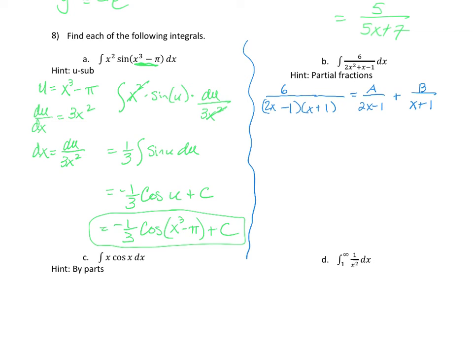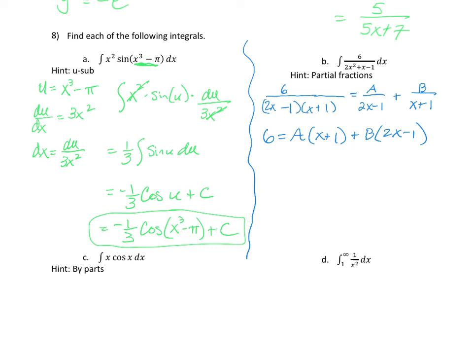And to figure out what A and B are, you multiply both sides of the equation by the common denominator, the 2x minus 1 times x plus 1. On the left, you just get 6 because everything cancels. On the right, you're going to have A times x plus 1 plus B times 2x minus 1.